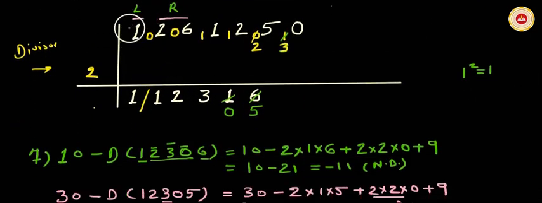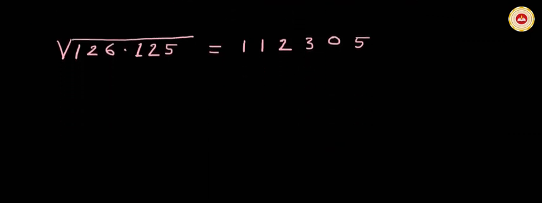For that, count the number of groups in the given number. There are 2 groups. So let us count the digits from left to right. Count 2 digits from left to right and put the decimal point here. So the answer is square root of 126.125 is equal to 11.2305. And friends, this is our answer.